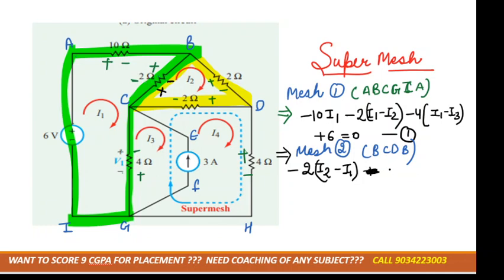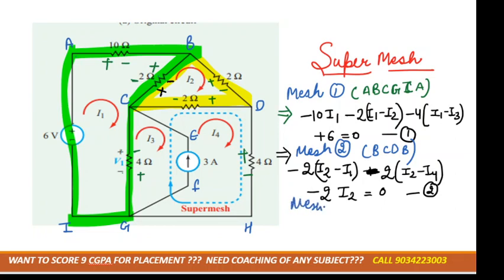So that would be negative 2, then minus, yes, then minus, is equal to 0. This is your second equation, right?